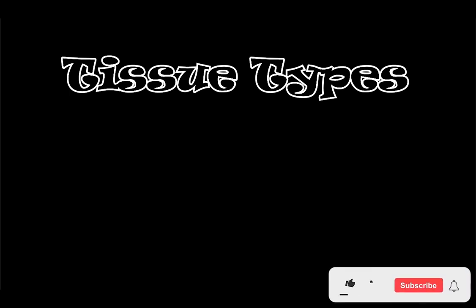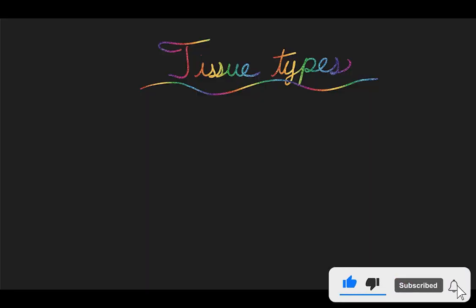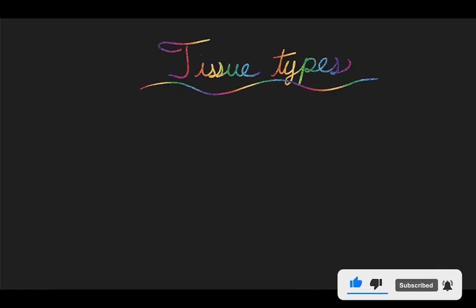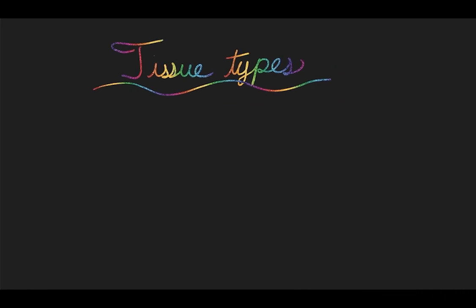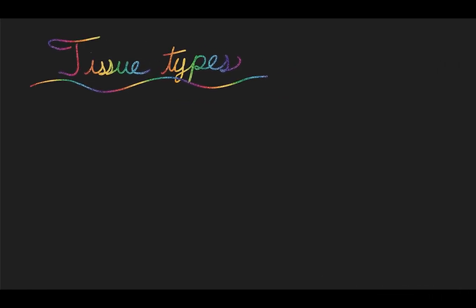In this video, we're going to go over the different types of tissues that can be found within the body. But if we're going to do that, the first thing we need to do is define what a tissue is. If we remember back from our hierarchical organization of the body, atoms combine to make molecules, molecules combine to make cells, and cells combine to make tissues.